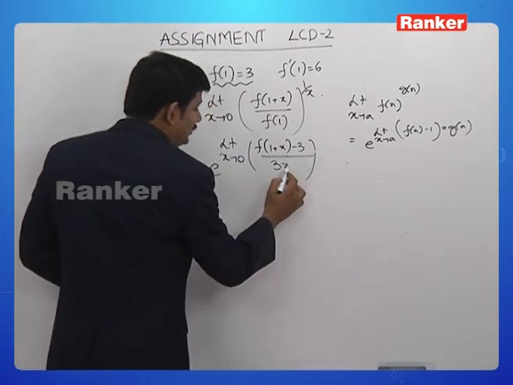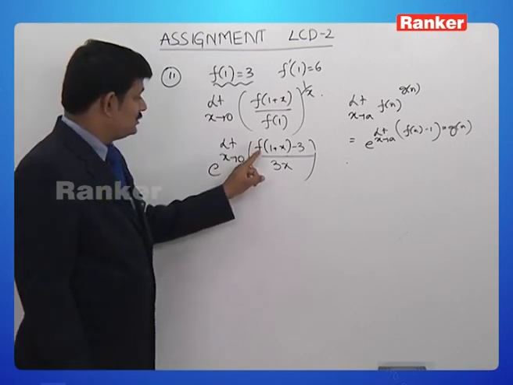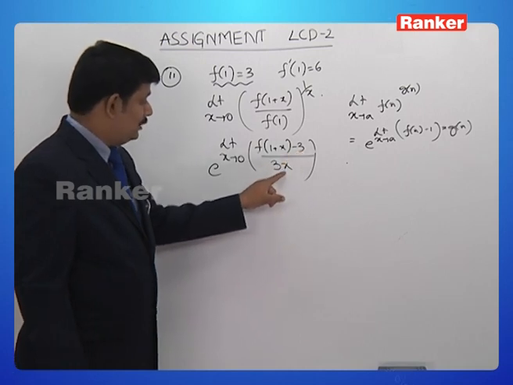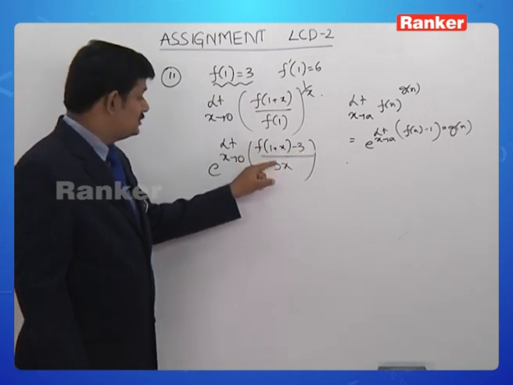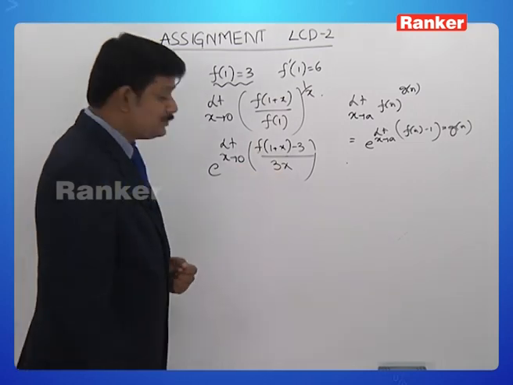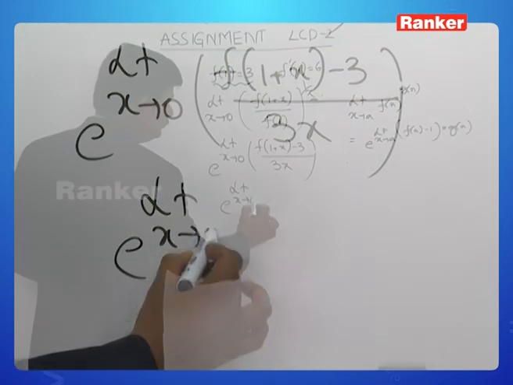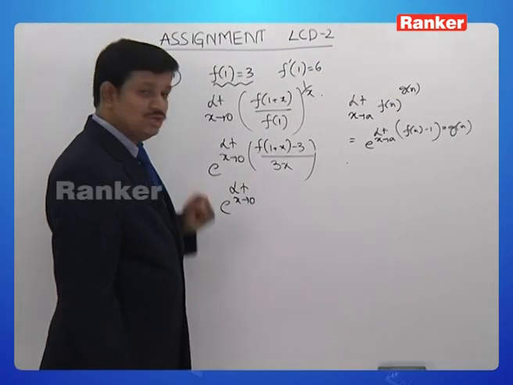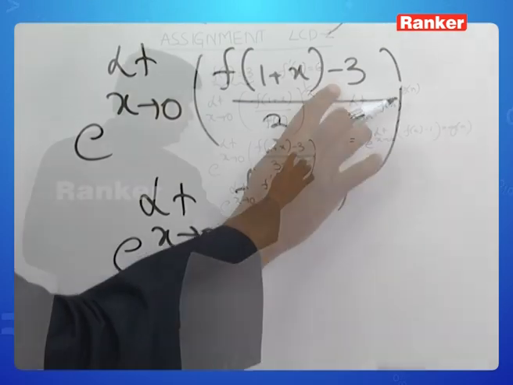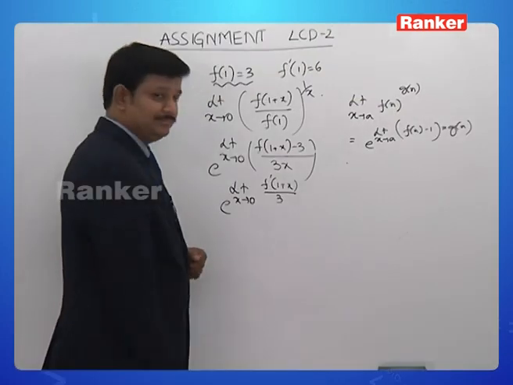Directly we can write it here as 3x. Now, as x tends to 0, this is f of 1, which is 3, minus 3, that is 0, and x also tends to 0, so this is a 0 by 0 form. To evaluate this limit, let us apply L'Hospital rule. This will be limit x tending to 0, differentiate the numerator: f dash of 1 plus x, derivative of minus 3 is 0, divided by 3.